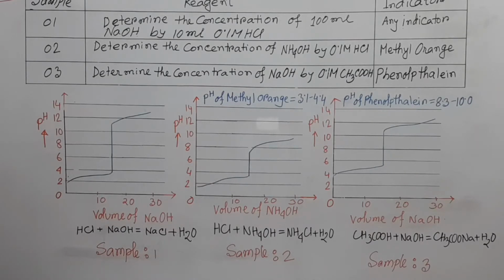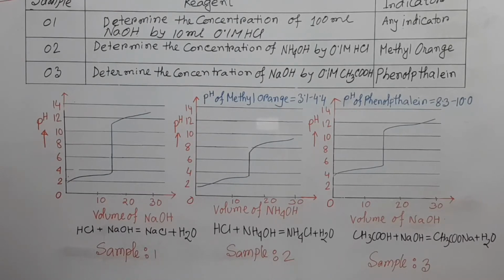If a solution of strong acid is gradually added to the solution of weak base, near the end point the indicator that changes color changes from 4 to 7 suddenly.